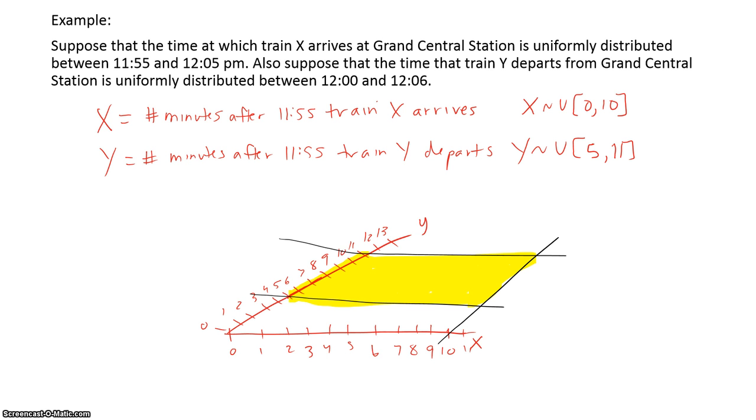And Y is going to be between 5 minutes after 11:55 and 11 minutes after 11:55. So this is my uniform distribution. And we can see here that our sample space is going to be an area, a region in the XY plane when we're working with continuous random variables.